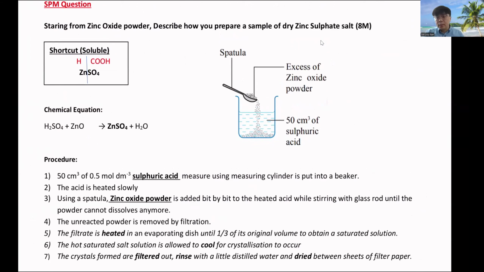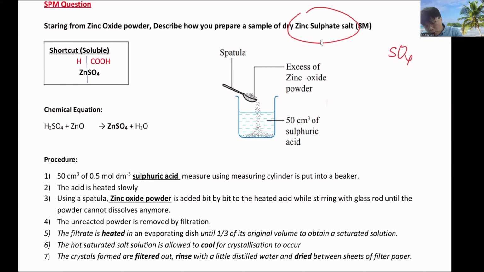You understand. Saturated means very concentrated, the highest concentration, where you cannot dissolve any extra salt anymore. Means the highest, the maximum. So, example, let's say the exam asks you how to prepare zinc sulfate. So far we know zinc sulfate is soluble. How do you know sulfate is soluble?